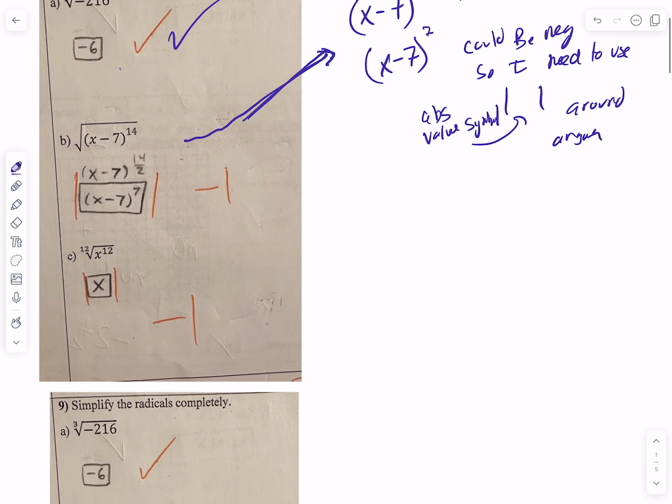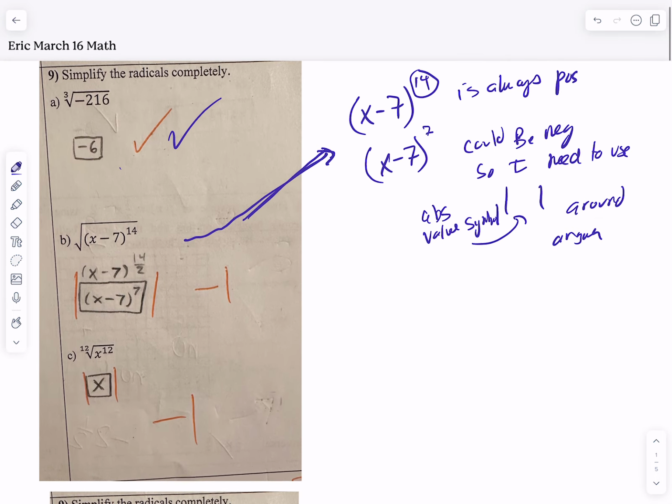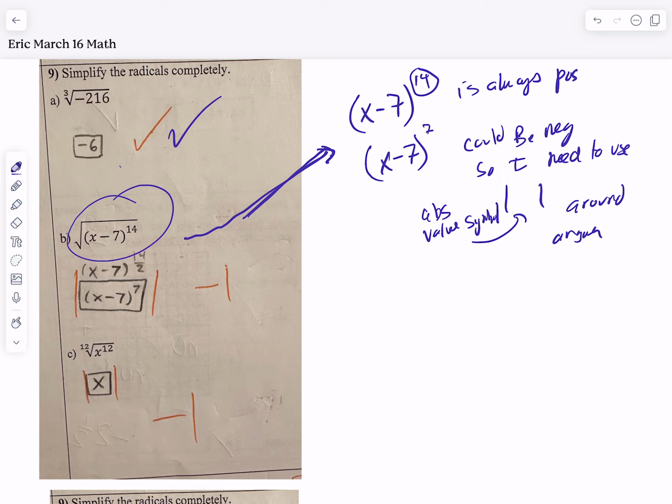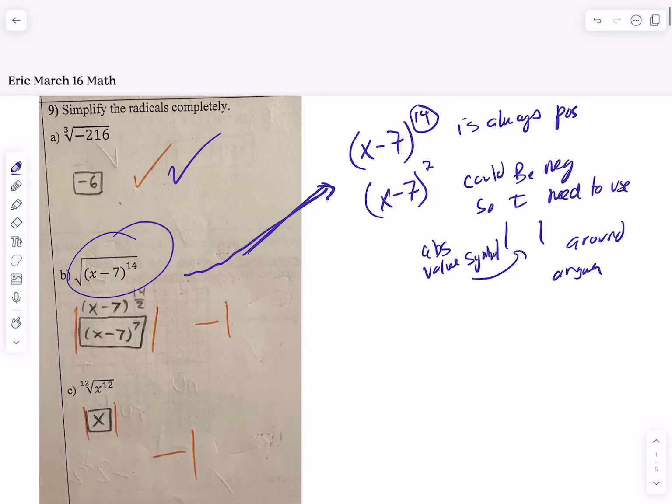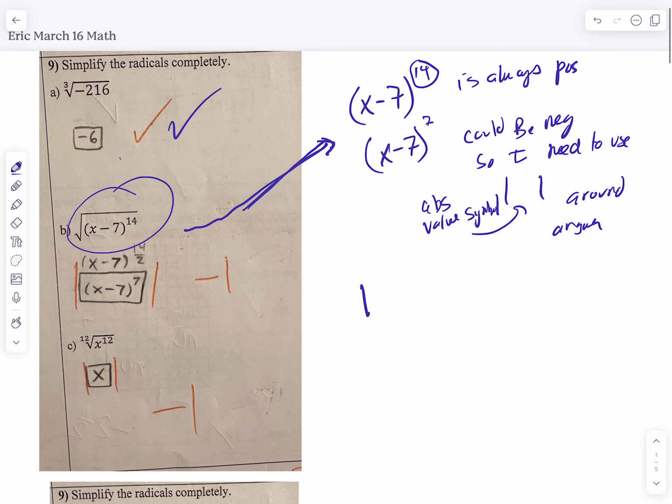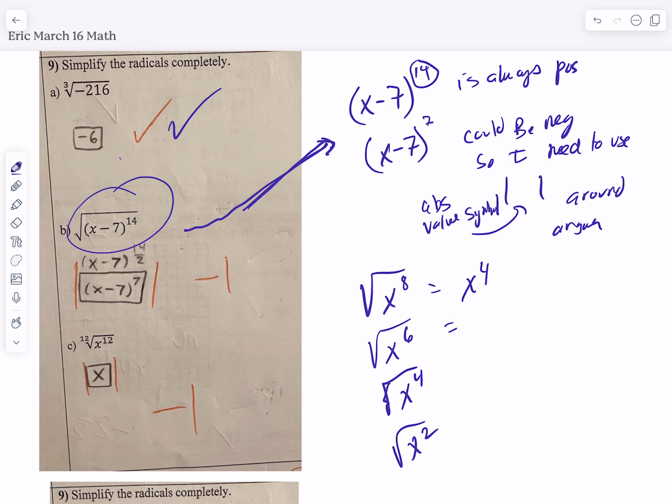That first one, I think I spent more time than anything else trying to explain all this square root stuff. But I really think that the answer is, if you think about these ones: square root of x to the 8th, square root of x to the 6th, square root of x to the fourth, and square root of x squared. This is x to the 4th, and this is the absolute value of x cubed.